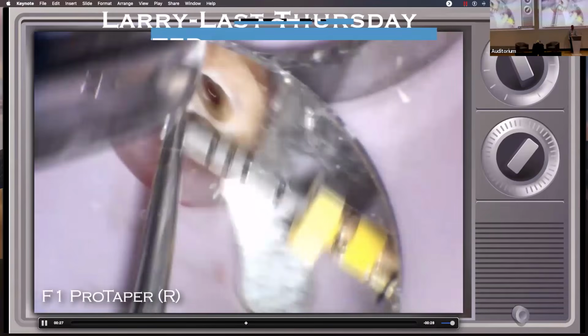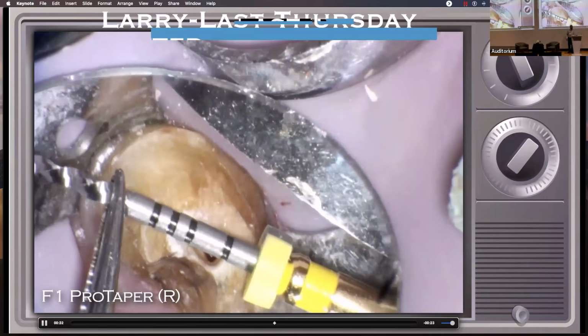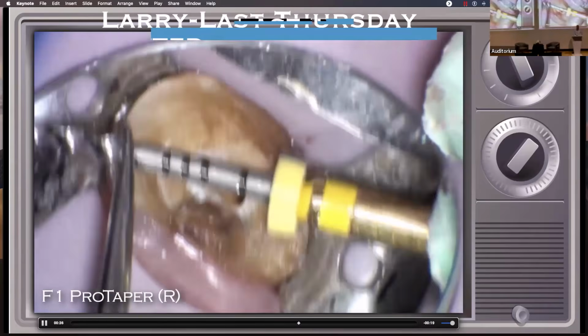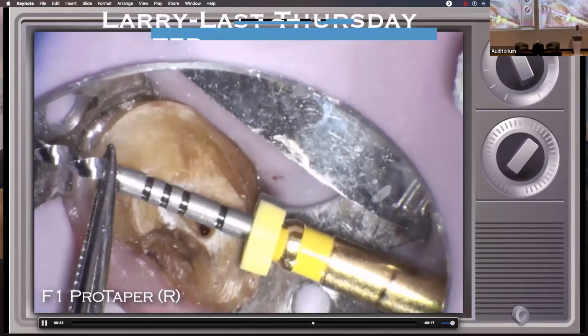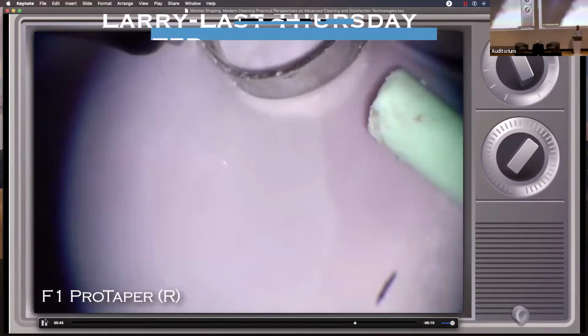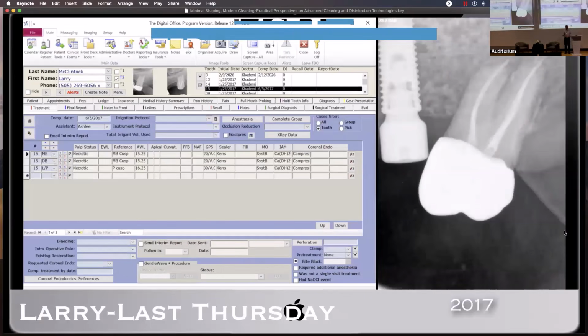So here's a ProTaper over the access. That's an F1 over the access. So good luck with that, John West. So there's our tooth.